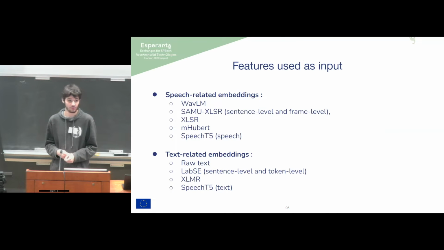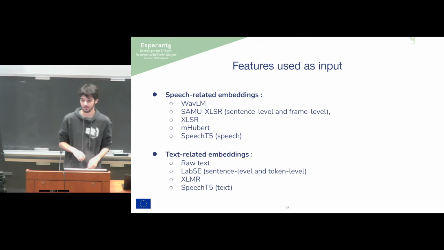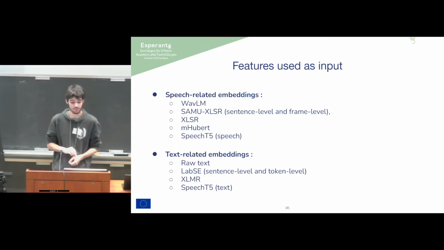SAMU-XLSR were the embeddings that were presented a bit earlier, which are extracted from speech. XLSR are multilingual, sorry. mHuBERT is the multilingual version of HuBERT, and SpeechT5 is a multimodal encoder-decoder only in English, but which can produce embeddings from speech or text.